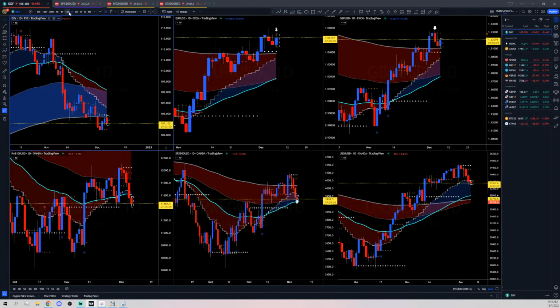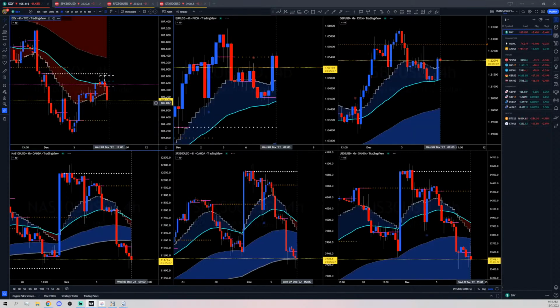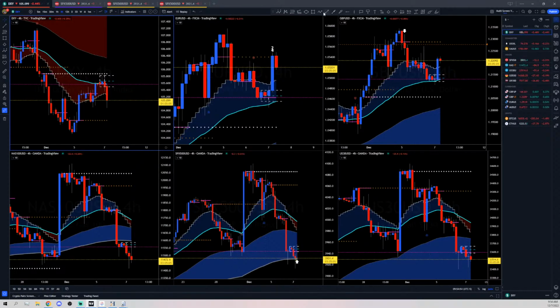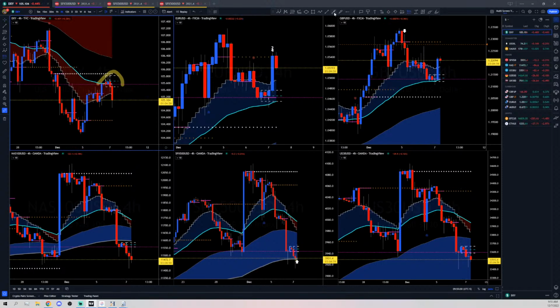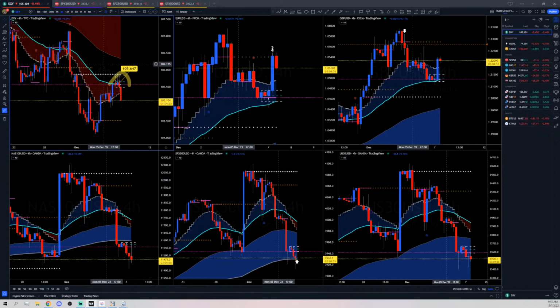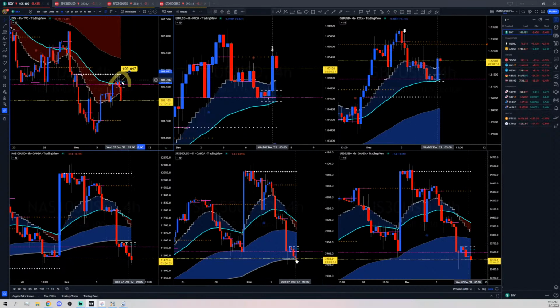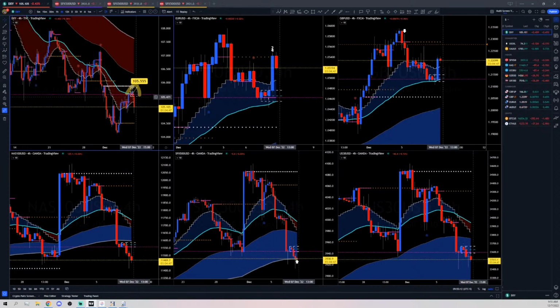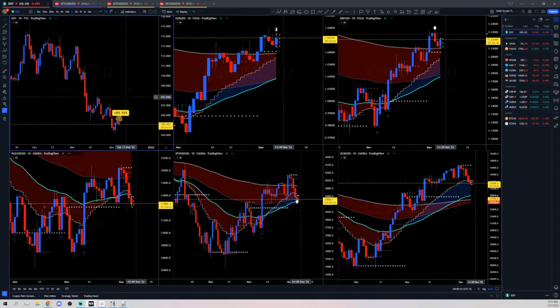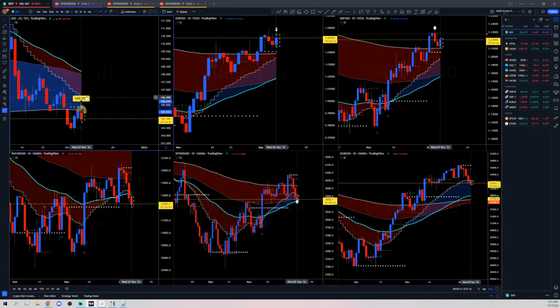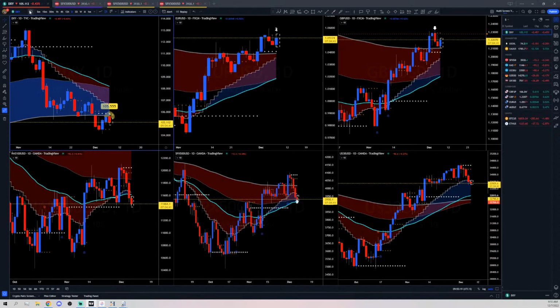If today closes bearish like that, that's a heavy sign to leave this area here. It's 105.5. Yeah, in here. That's pretty strong.